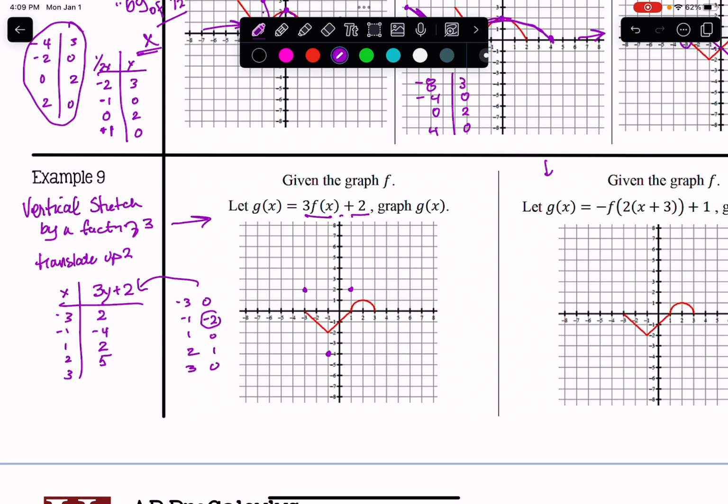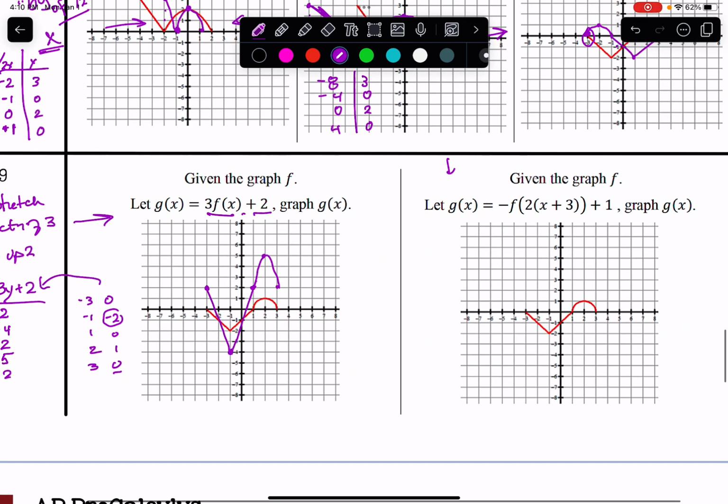So at 2, I'm at 5. 5 is right here. And at 3, I was at 0, so I'm back to 2. So at 3, I'm at 2. So we have a very stretched graph. All right, I'm going to stop this video there because this next one is quite a challenge. I'll probably just have one video on that one.